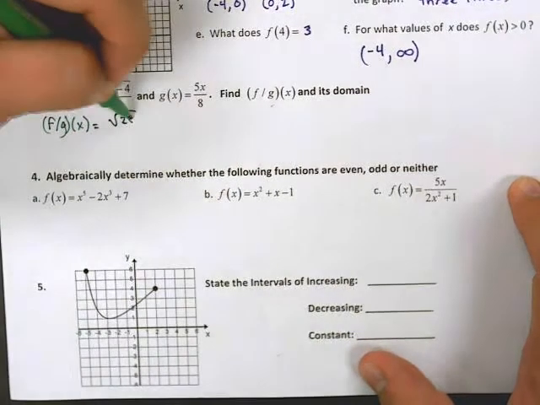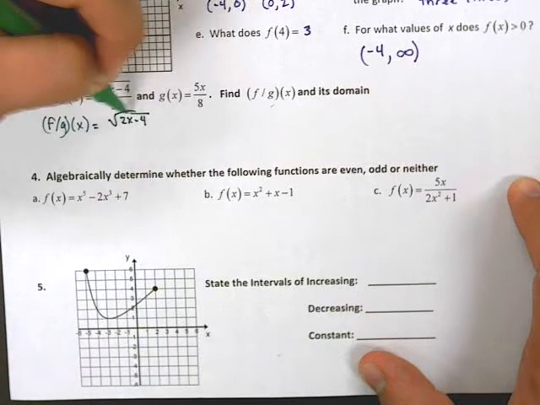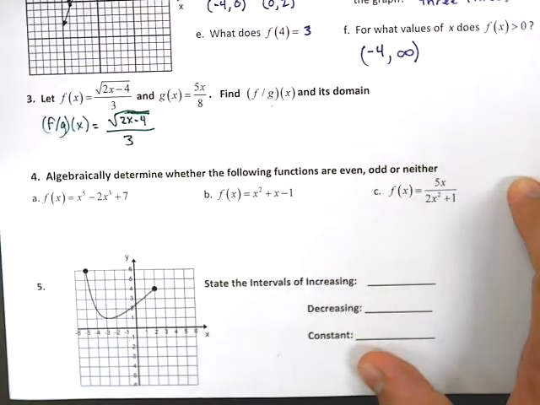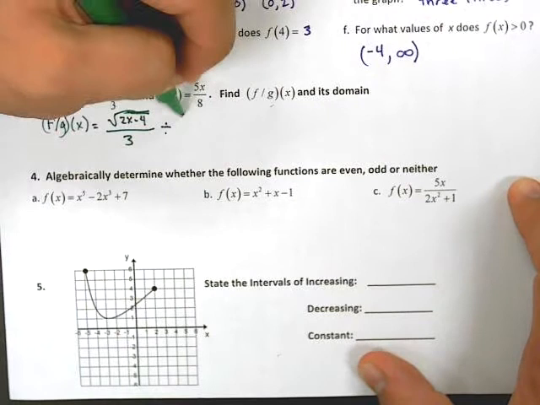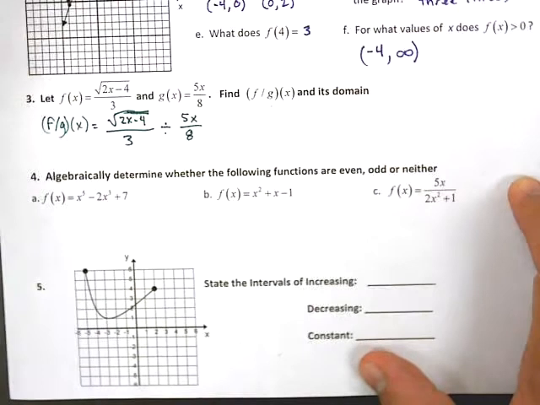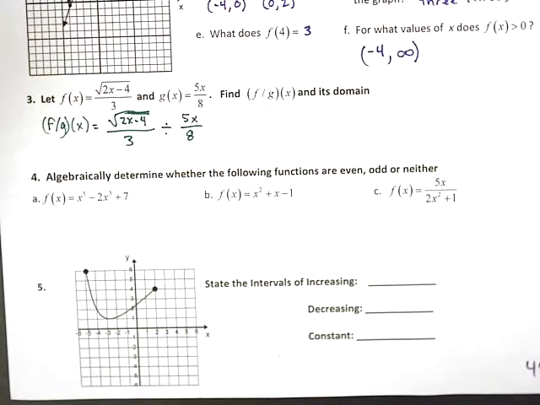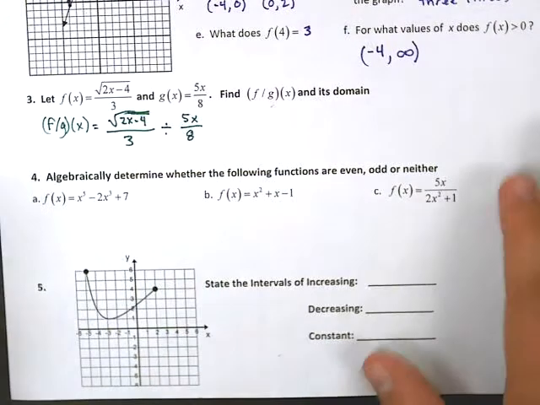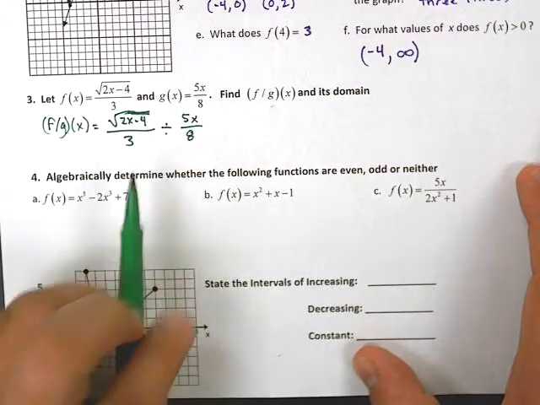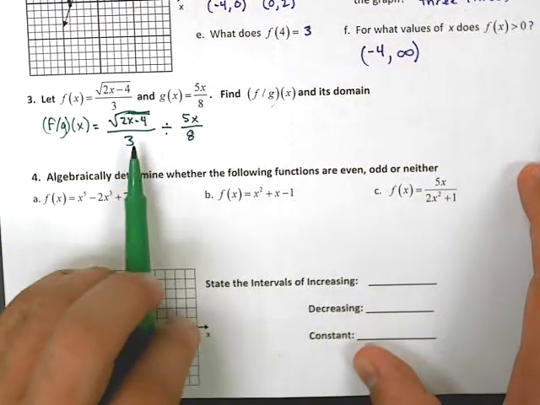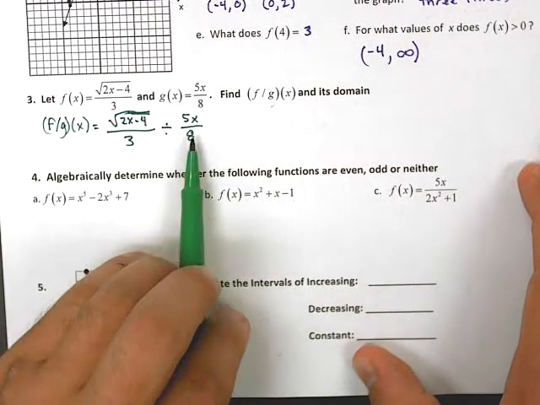Right? I want to do 2x minus 4 all over 3, and then divide it by 5x over 8. And again, the reason is I don't want to make a complex fraction. I don't want to put fractions inside of fractions, because I know what I can do when I see division of fractions. I can keep, I can change, I can flip.